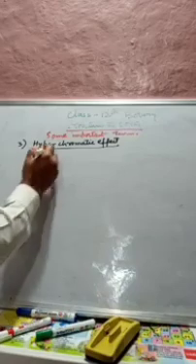Purines and pyrimidines are simply, we may write, nitrogen bases.